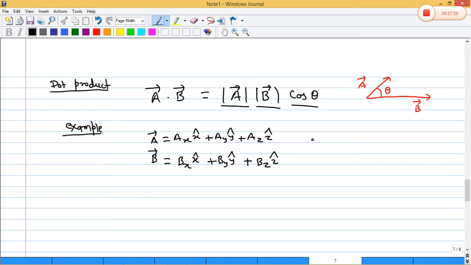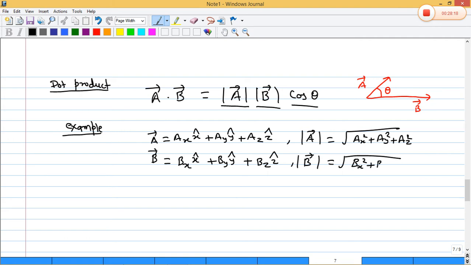Now what will be the A magnitude here? A magnitude will be the square root of ax square plus ay square plus az square. Now what will be the B magnitude? Bx square plus by square plus bz square.